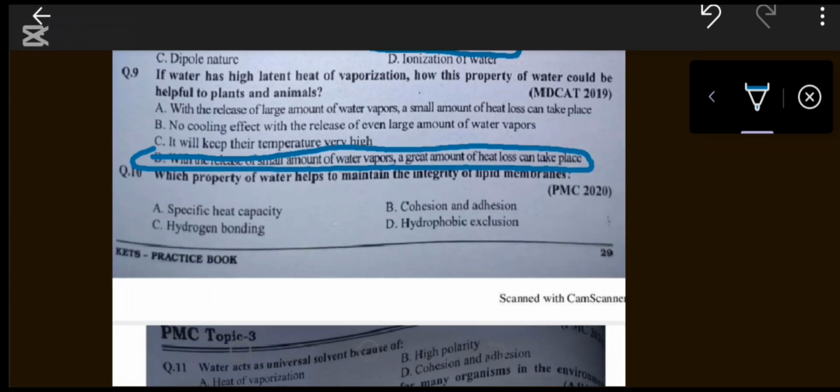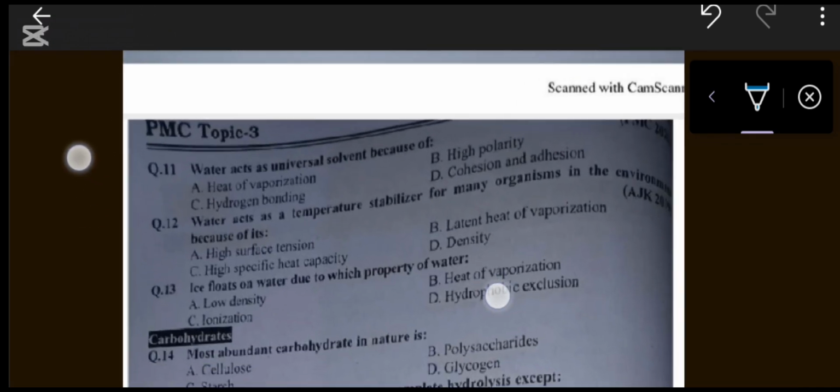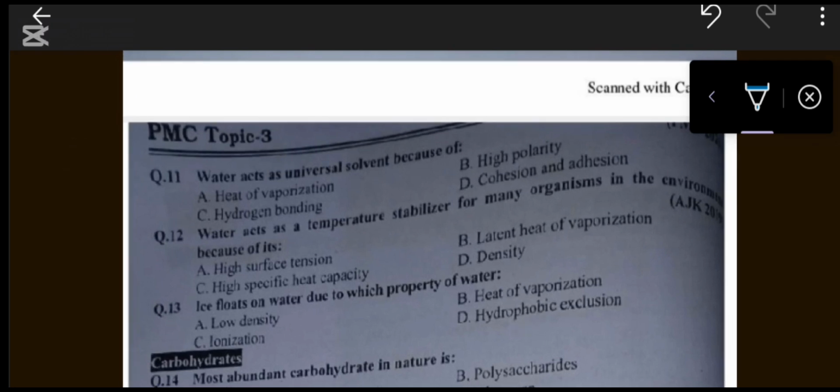Question number 10: which property of water helps maintain the integrity of the lipid membrane? As I told you, hydrophobic exclusion maintains the integrity. Question number 11: water acts as a universal solvent because it has high polarity.